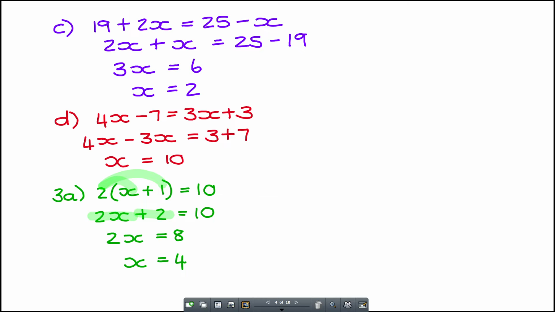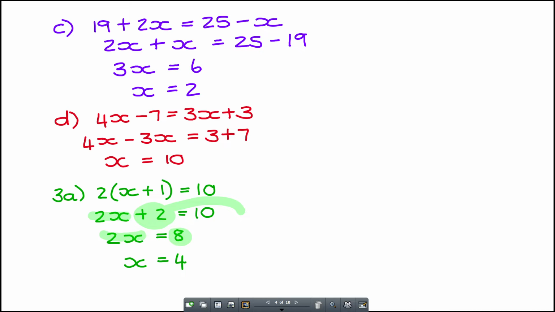Now I have gotten rid of all my brackets. So now I can take unknowns to the left, which is already there, so it stays 2x. But this plus 2 has got to move to the other side, so it will become minus 2. And that 10 minus 2 gave me this 8.